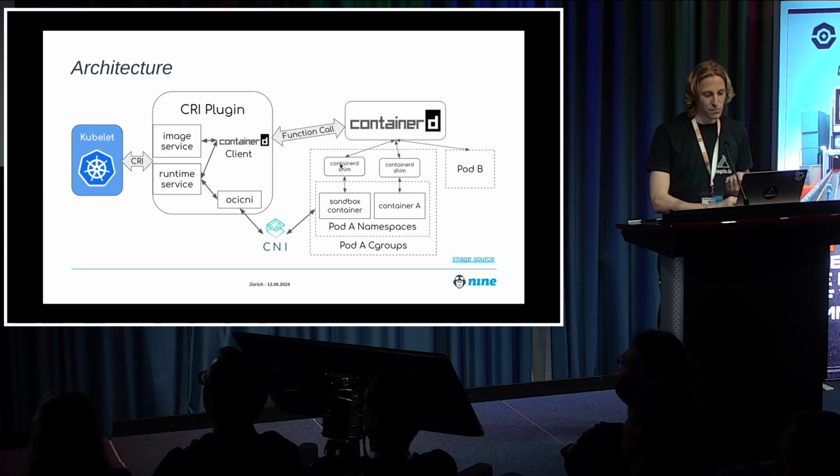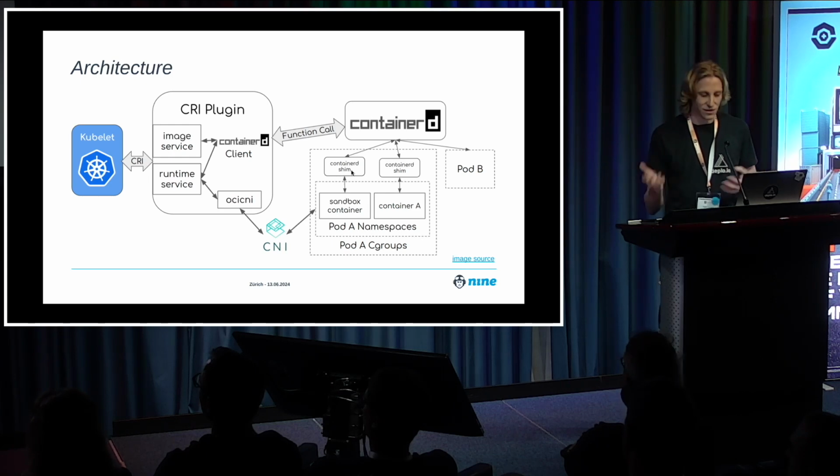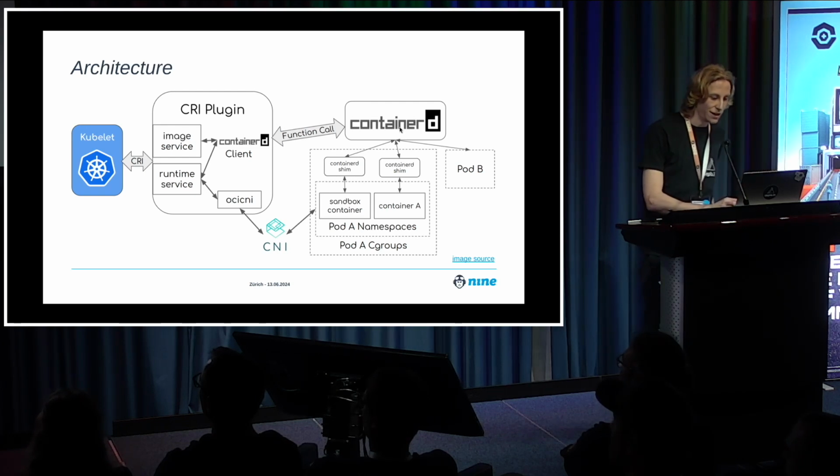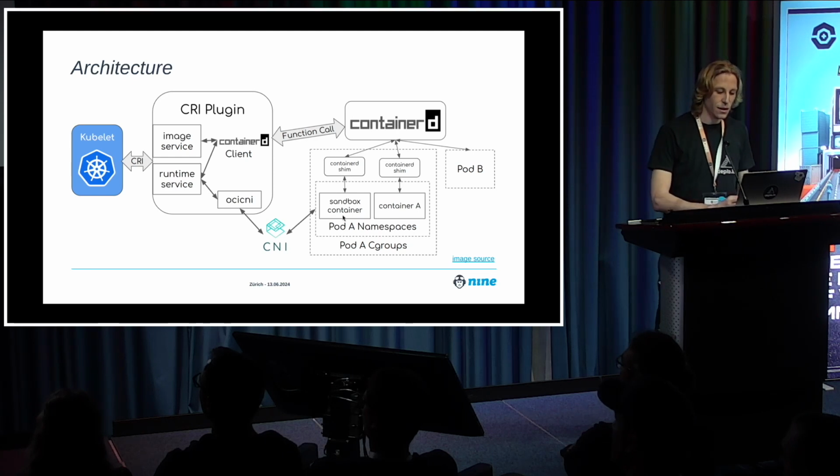And the shim is responsible for creating the sandbox, the C groups, all that sort of stuff. It actually just calls out to runC or crun or whatever to do that stuff. So it's just an in-between gateway between containerd, the runtime, and something like runC. It also provides stuff like logs.